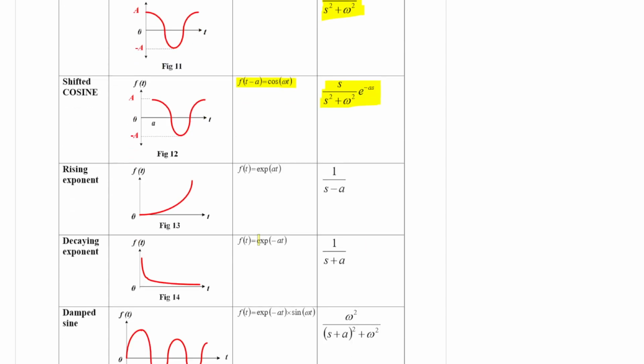Now again a very important function is called the rising exponent, e to the power at. Now let us understand the Laplace transform of e to the power at. We can write e to the power at into 1. Now what will be the Laplace transform of 1? 1 can be taken as a step.